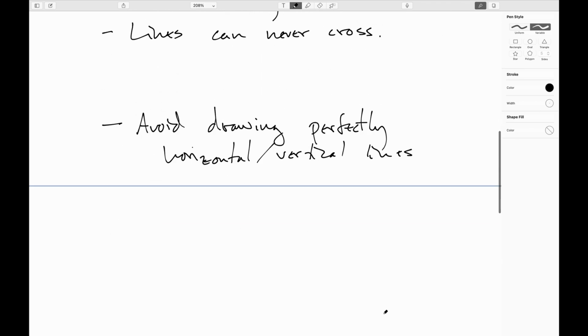So let's do an example here where I have a charge negative q right here. And then over here, I have a charge plus 2q. Actually, I want the charges to sit a little closer together. There we go. And I want to draw the electric field lines.